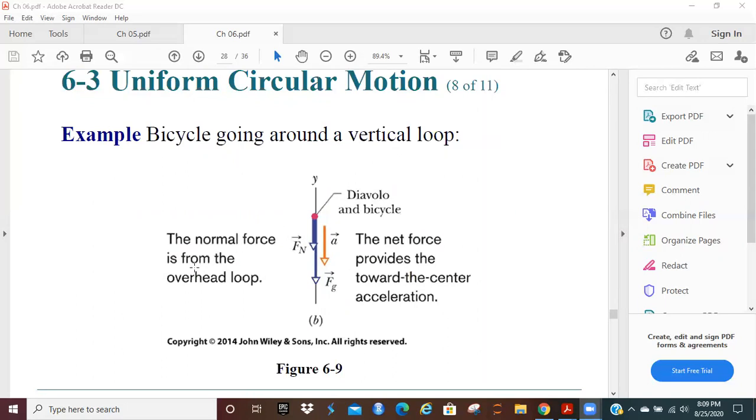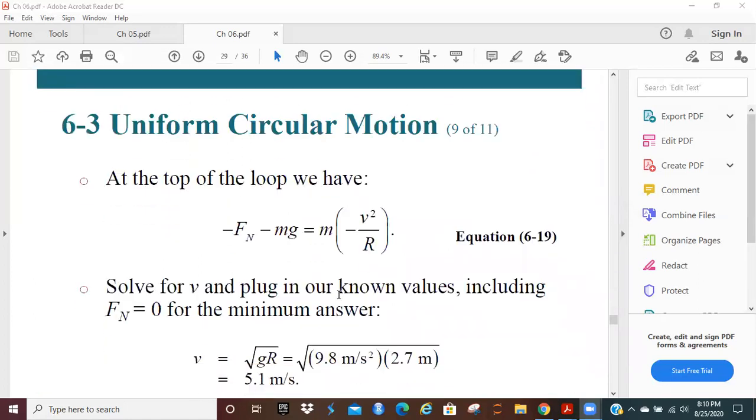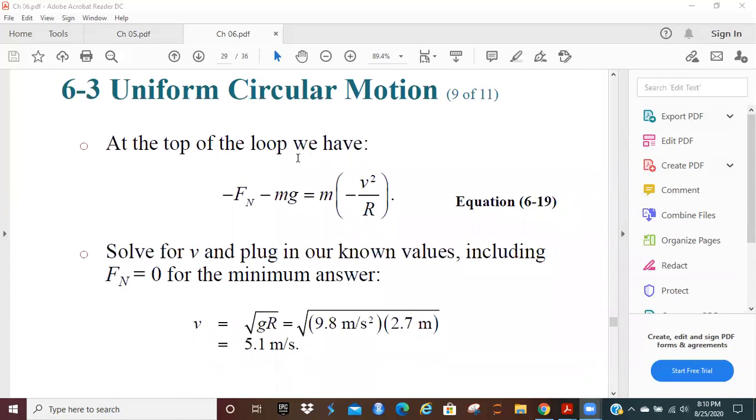So the normal force is going to be from the overhead loop, and then the net force provides the towards the center acceleration, pointing downwards. At the top of the loop, you're going to have the normal force and the gravity pointing in the same direction.